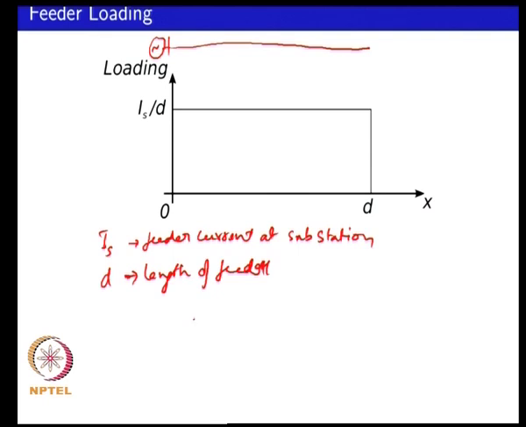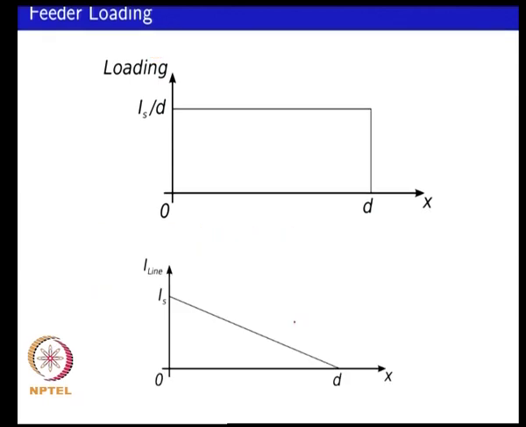So, you have d I line by dx equal to Is by d, and because it is reducing as you go forward, you have a negative slope. So, if you plot your I line as a function of distance versus the point along the feeder, you will get a current profile along the feeder which has a triangular shape.